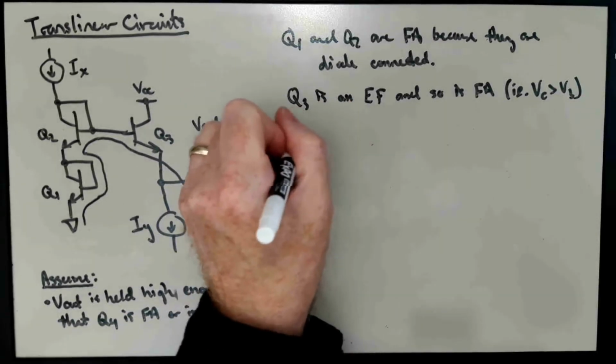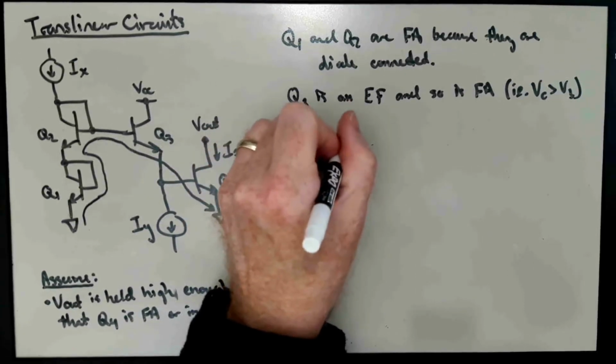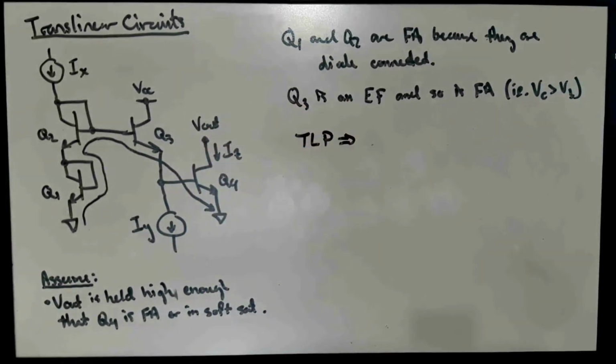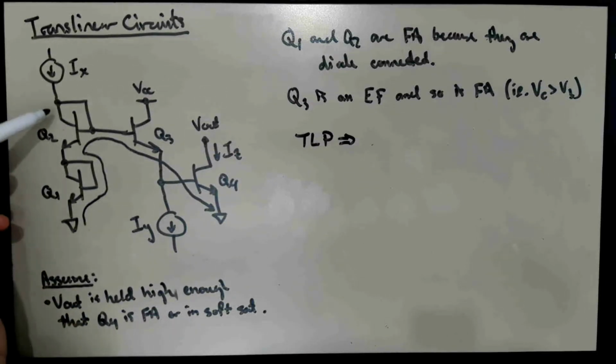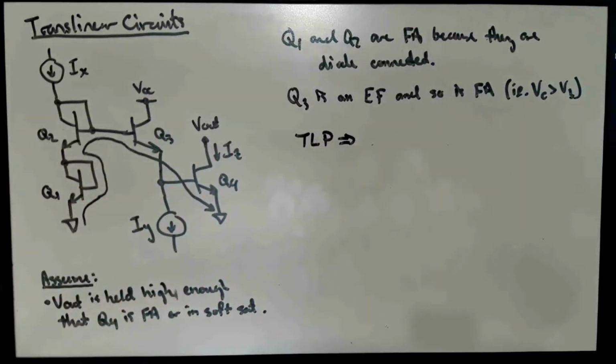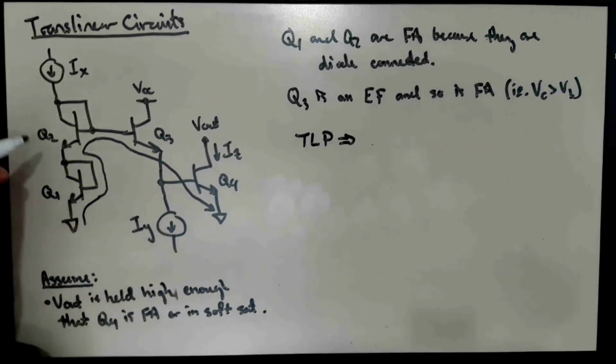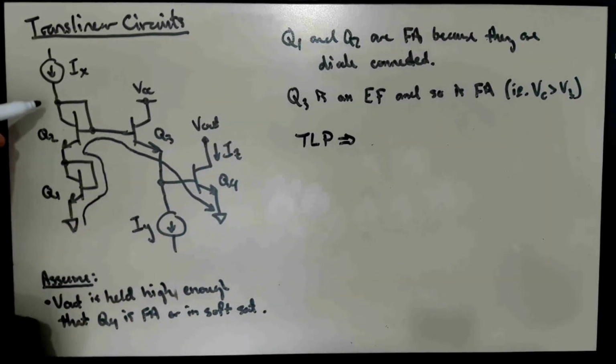The translinear principle tells us that the product of these two collector currents will equal the product of these 2 collector currents. So we have to figure out what the collector currents are. Well, what's the collector current going to be in Q2? IX is being forced into this diode connected transistor.